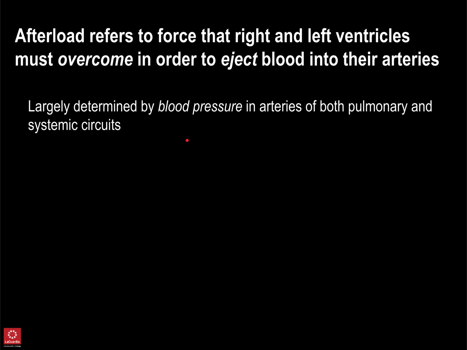Because as afterload increases, ventricular pressure must be greater so as to exceed the pressure in the arterial and pulmonary systemic vessels to force open the semilunar valves. An increase in afterload, therefore, generally causes a decrease in stroke volume and so a rise in the ESV of ventricles.